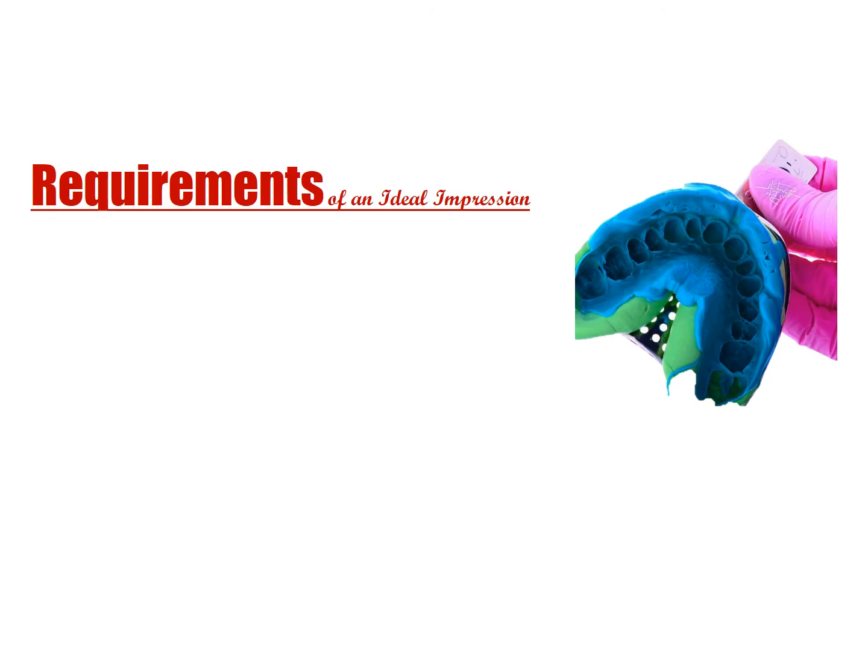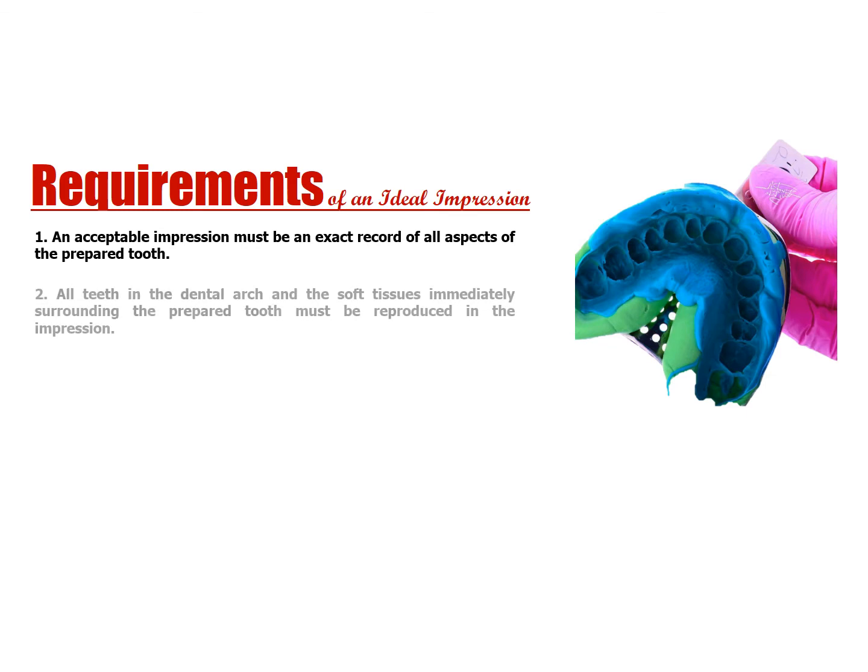Requirements of an ideal impression. An acceptable impression must be an exact record of all aspects of the prepared tooth or teeth. All teeth in the dental arch and soft tissues immediately surrounding the prepared tooth must be reproduced in the impression.